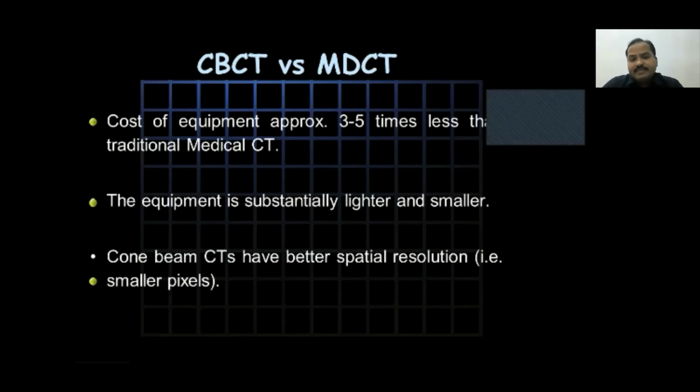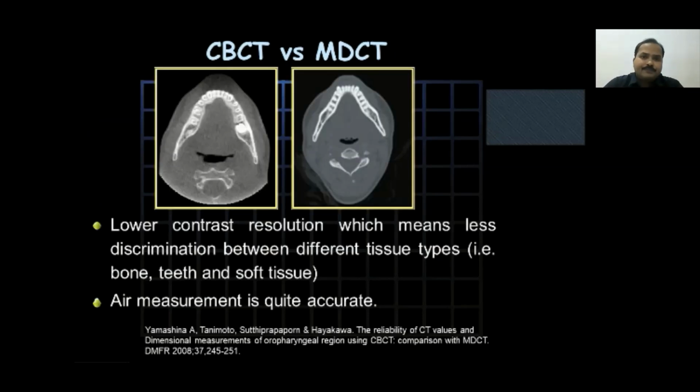And cone beam CTs will have better spatial resolution. That means smaller pixels will be seen in the images, so sharpness will be more. The images you can see for both MDCT and CBCT.